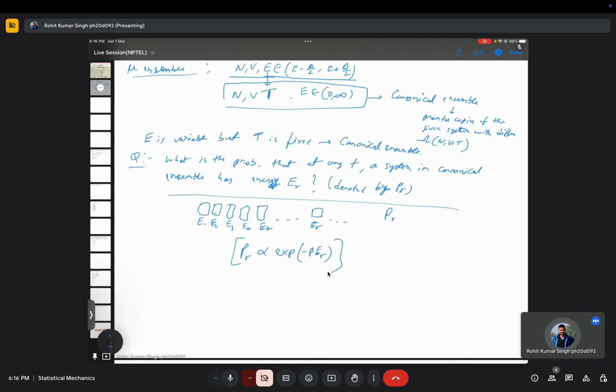Now you can remove the proportionality constant by normalizing it, because the total probability should be 1. So this will be your normalization constant, the sum over all the states, so that if you sum it over, you will get 1.